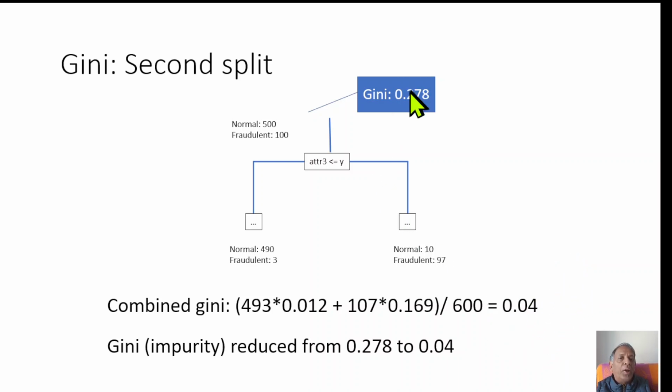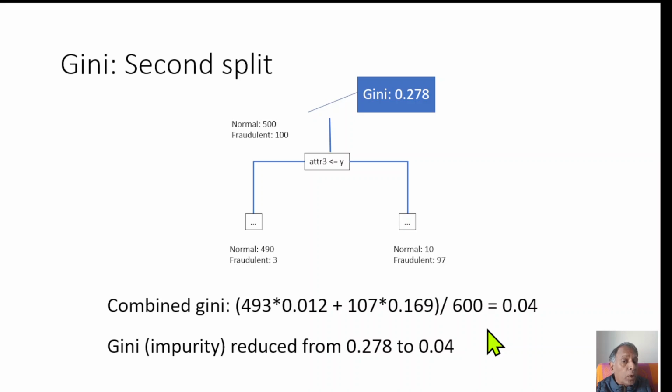Okay, it reduced the Gini or reduced the impurity considerably. So we got from a level of impurity of 0.278 to a level of impurity of 0.04. That is why we would say that this tree has a Gini of 0.04. The other tree had a Gini of 0.278, so this is better.